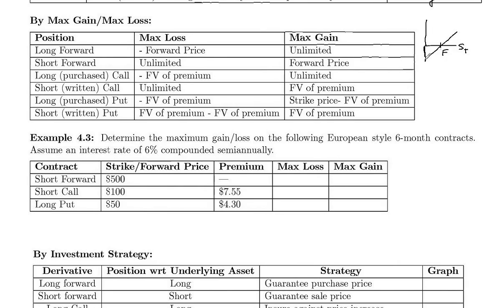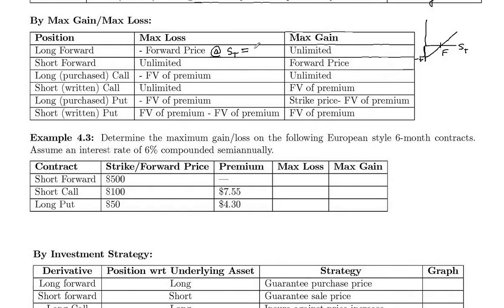Now, this has a slope of 1. It's a dollar for dollar increase after you pass the forward price. So this is actually going to hit the y-axis here at minus F. And that's your maximum loss. And it occurs at the spot price of ST equals 0.